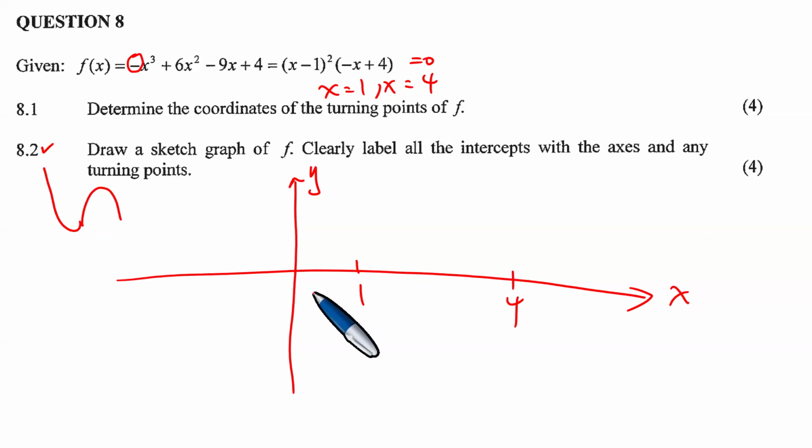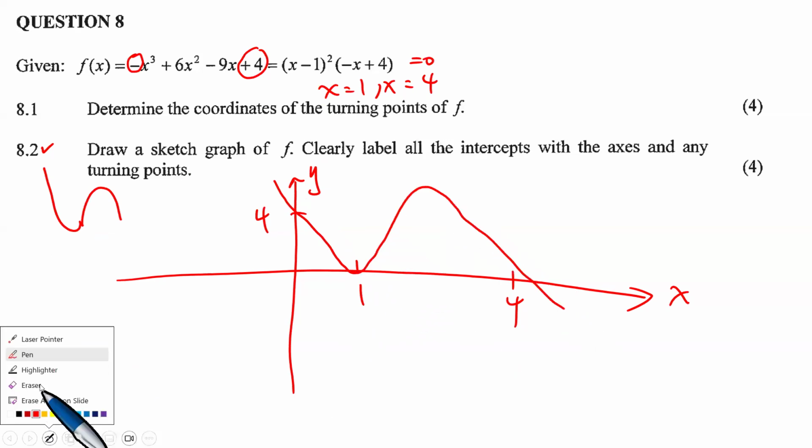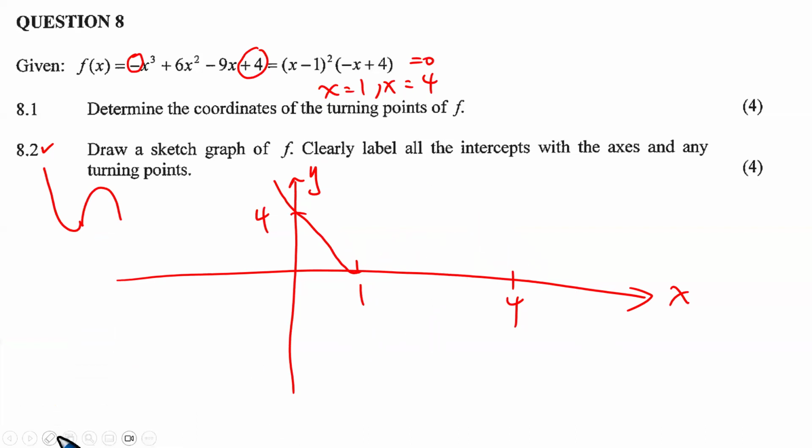The function is going to have its y-intercept at 4. The shape is going to be like this. It's going to go up like this and cut through 4, like so.